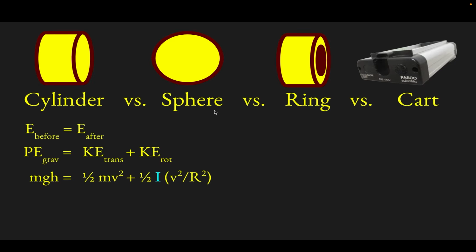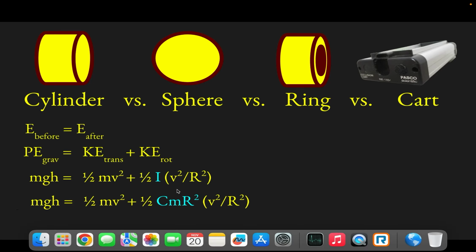The different objects will have different values for the moment of inertia I. For these three shapes, the moment of inertia is going to tend to go like some coefficient c times mr squared, with the exception of the cart, where this term is going to be near zero. The moment of inertia I of the four teeny tiny wheels will be really small.